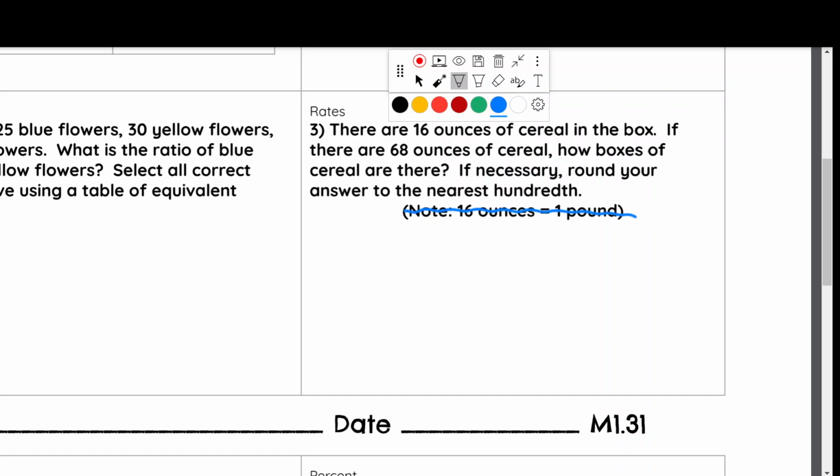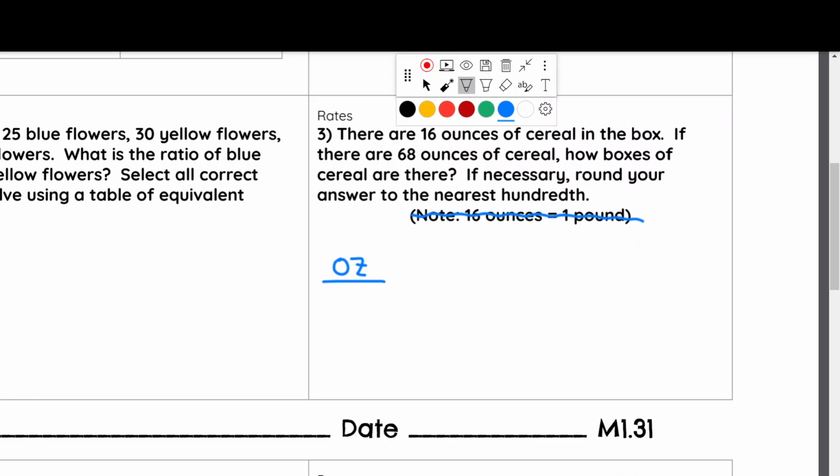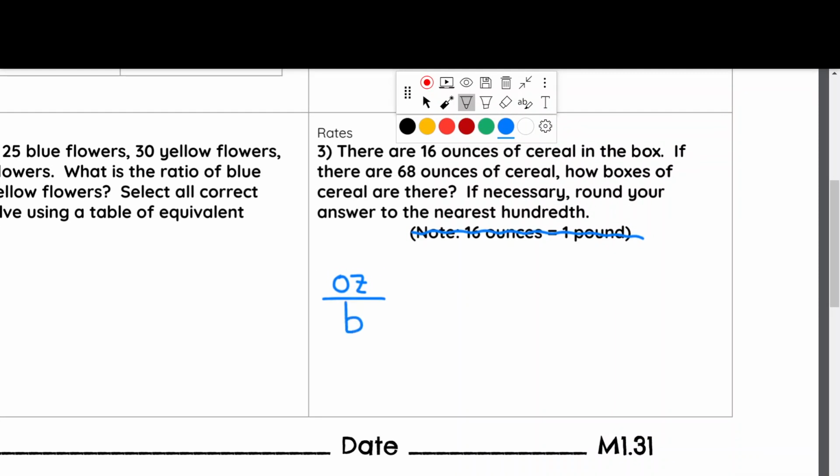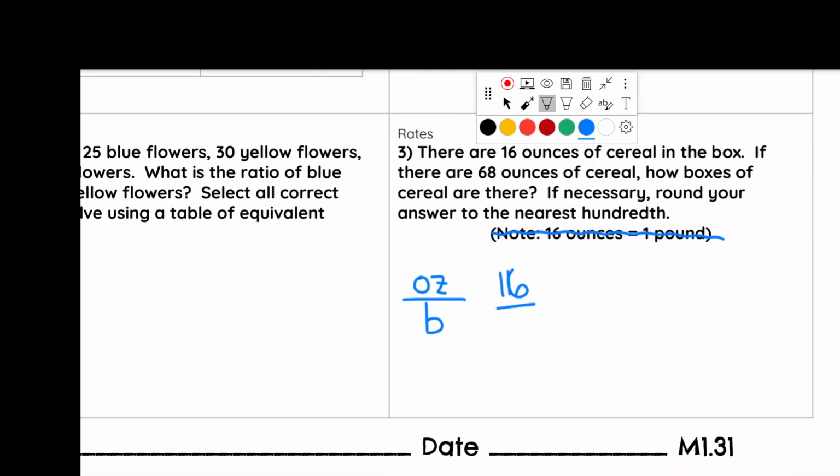I have ounces per box, and I have 16 ounces per one box. So that's the conversion rate that I'm using. 16 ounces per box, not 16 ounces per pound.